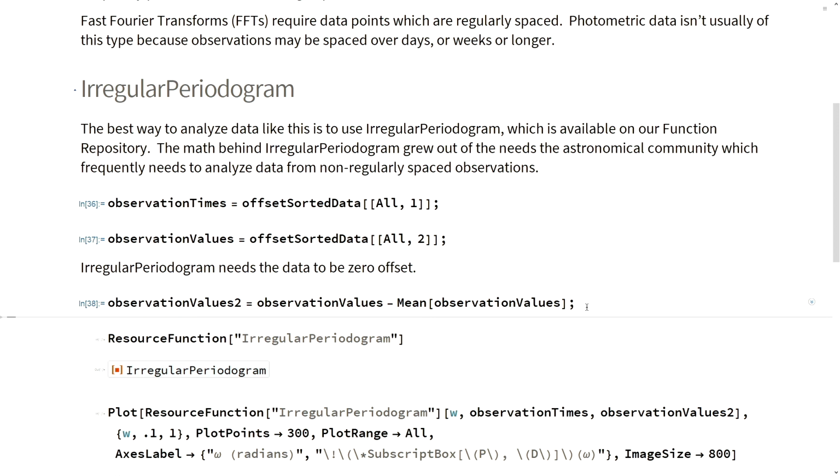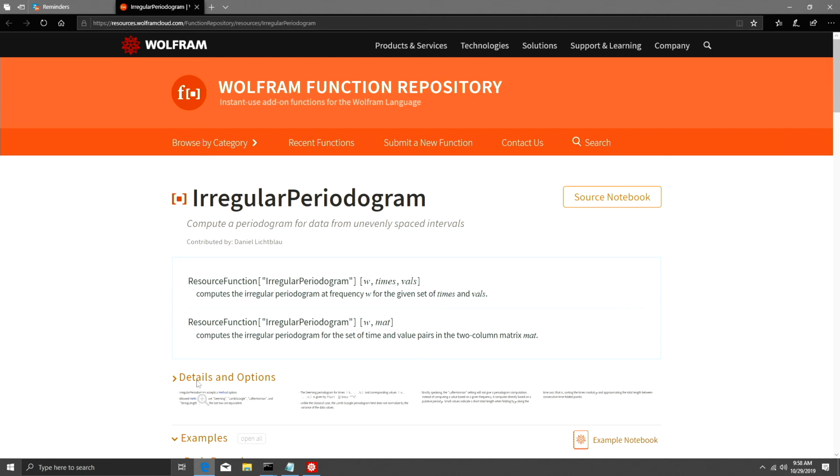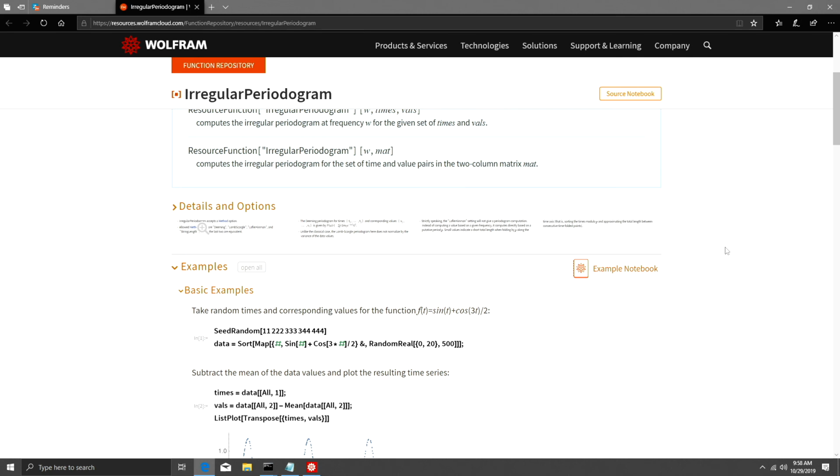Then we can use this IrregularPeriodogram function, which, by the way, the mathematics behind was done specifically to aid the processing of aperiodic astronomical data. It's available in our Function Repository. We can go to the page for IrregularPeriodogram, and this page has oodles of good examples. I invite you all to get on this and play around with it, because it's exactly what we're looking for.